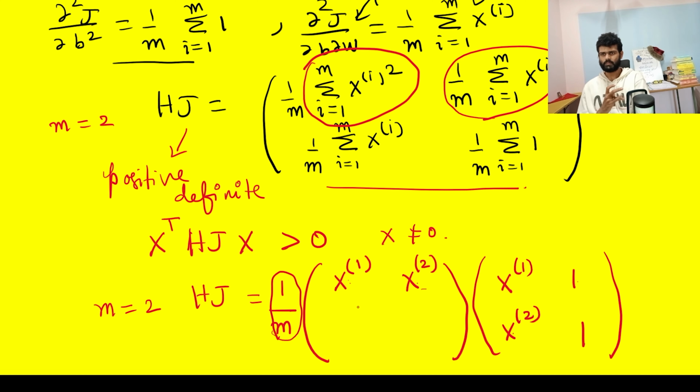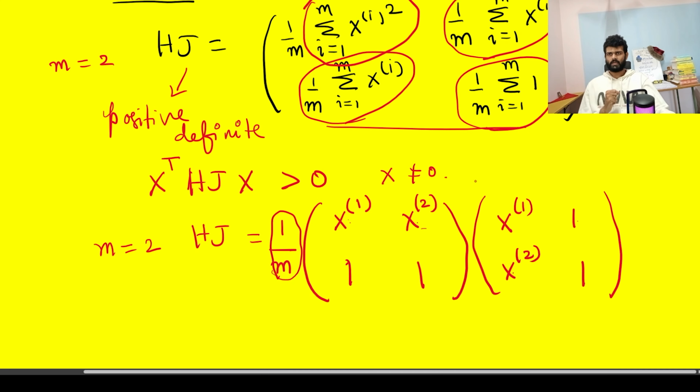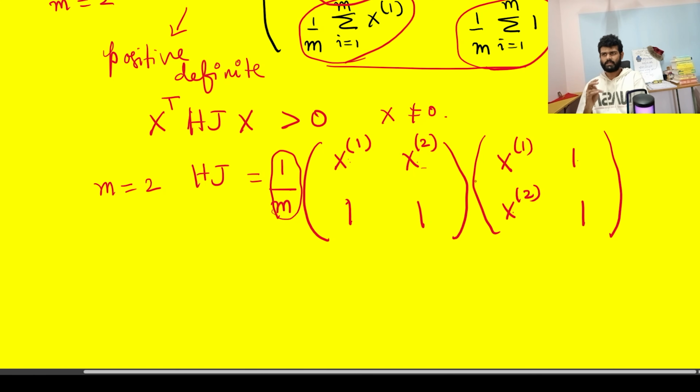Okay. Similarly, this should be 1, 1. You can check that you're getting all these terms here. So that's good. Now our matrix H of j is this one, right?